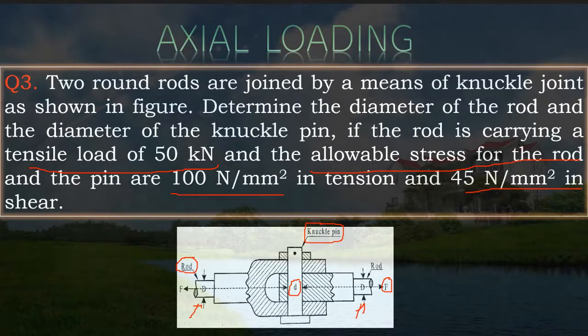So it is understood that the rod is subjected to a tensile stress of 100 Newton per mm square and the pin is subjected to a shear stress of 45 Newton per mm square. Only one thing we need to decide for the pin: whether it is a single direct shear stress or double direct shear stress. Let us start solving the numerical by penning down the given data.